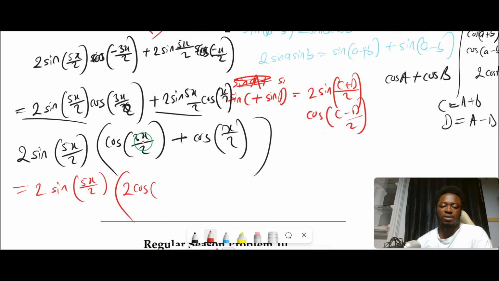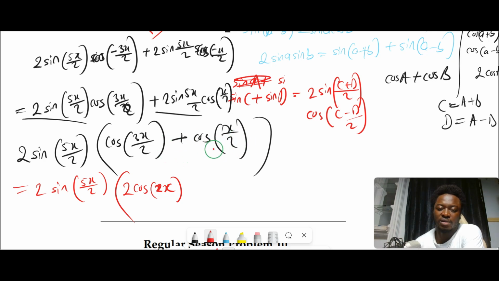So you get 3x plus x, that is 4x divided by 2, which is 2x. So cosine of 2x times the cosine of C minus D, that is 2x over 2 minus x over 2.